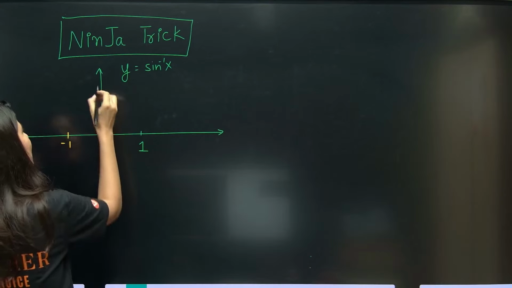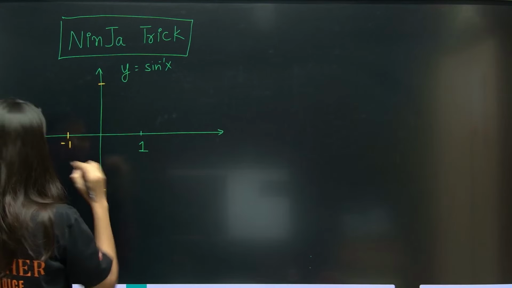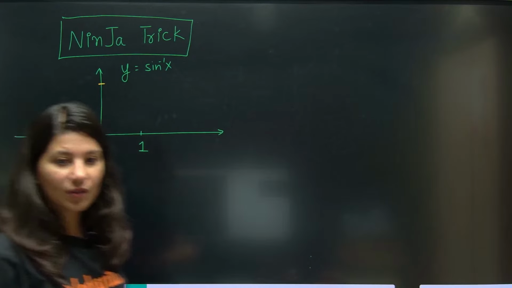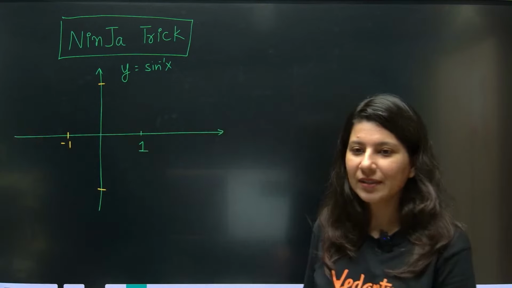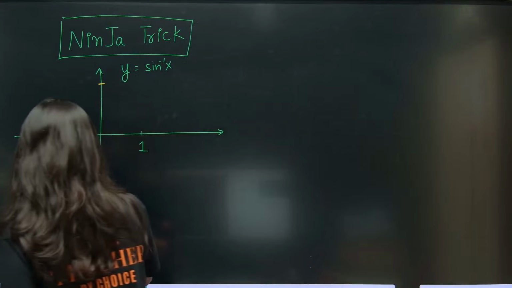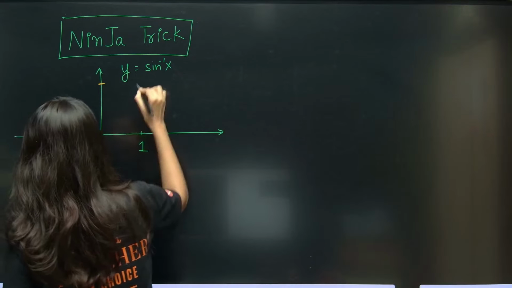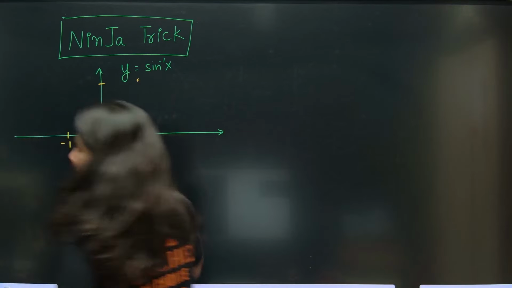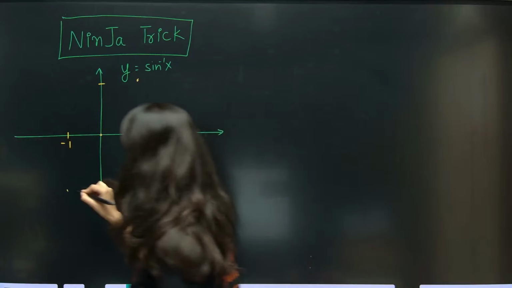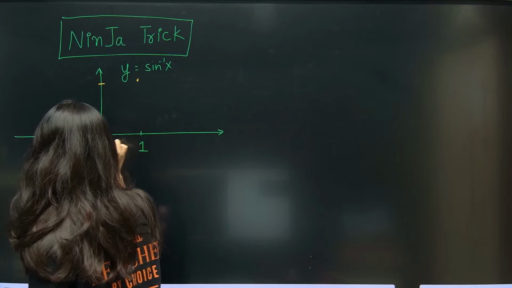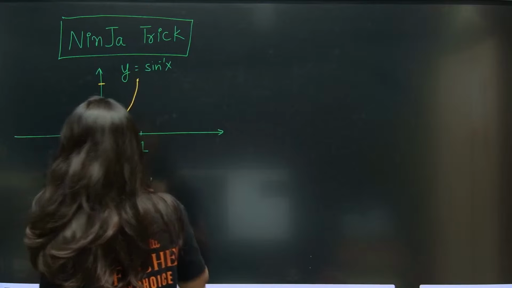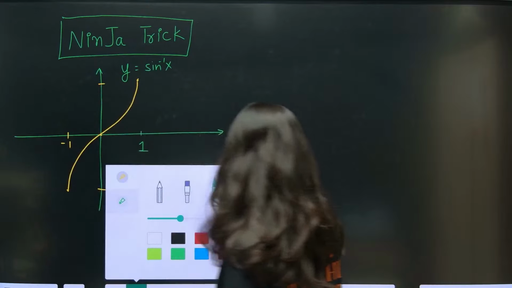And the range is pi by 2 and minus pi by 2. Clear? And the graph is looking like this. This is your graph. Now tell me, who is having a problem in plotting this graph?